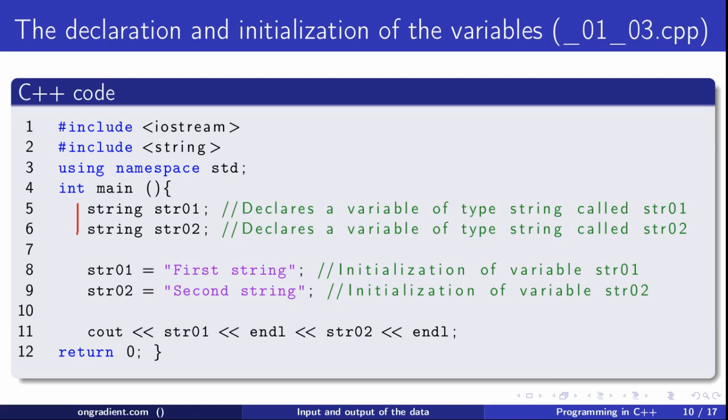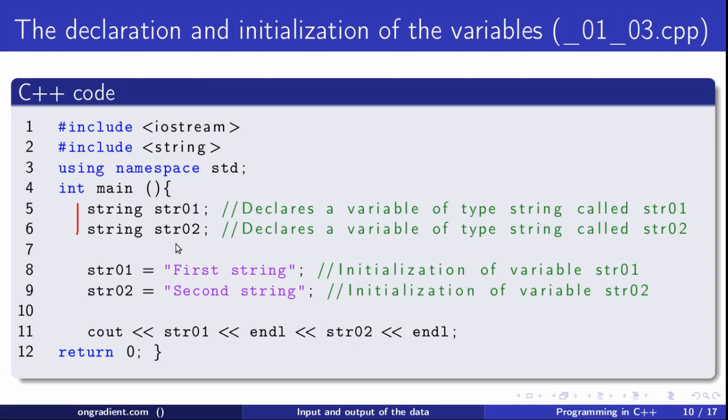A variable you can imagine as a box or container where you may put something. When we are declaring a variable, we must set the name and the type of the variable. That is to say, what the variable will contain. Here two variables were declared, str01, str02.